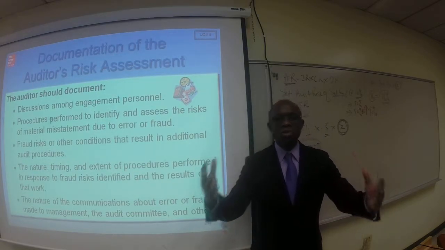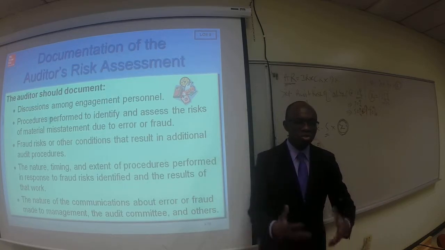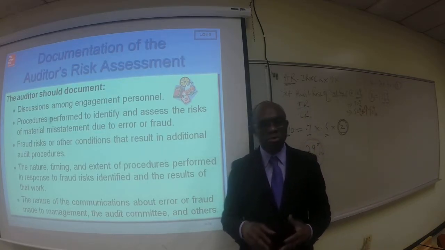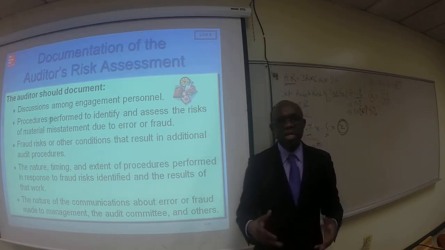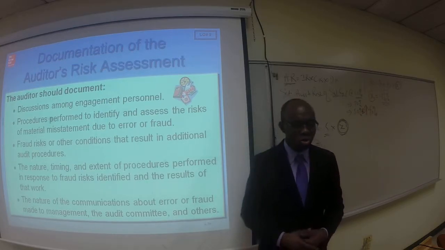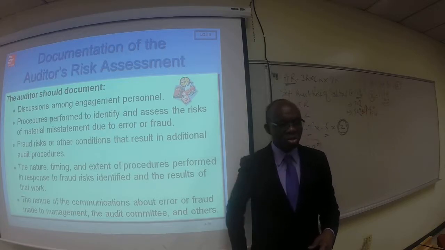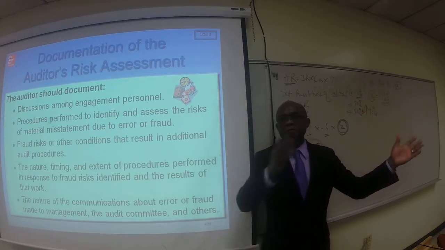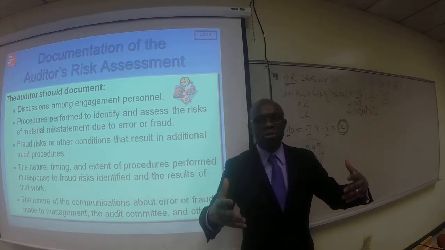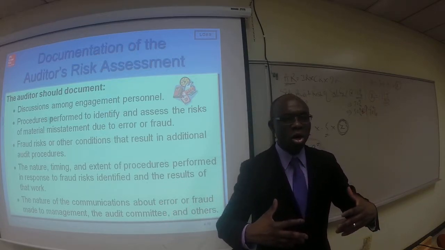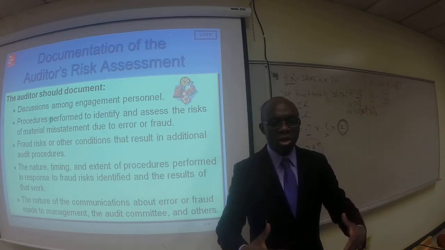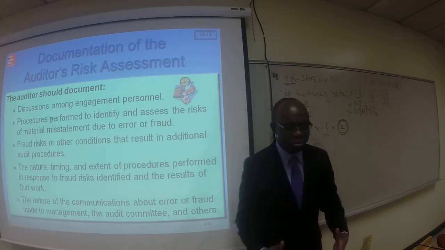Now, in addition to assessing the audit risk, the auditor is also responsible for documenting his assessment or evaluation of the audit risk, all right? So, you remember from the answer we said that one of the things that we do is we get all the audit team members together and talk about fraud, talk about the potential of fraud.